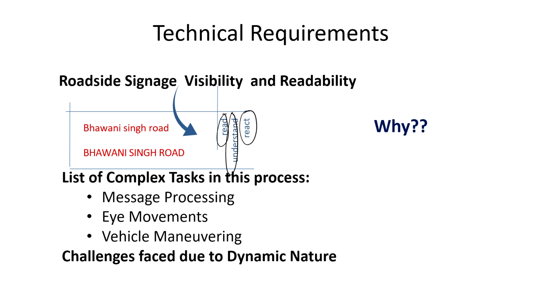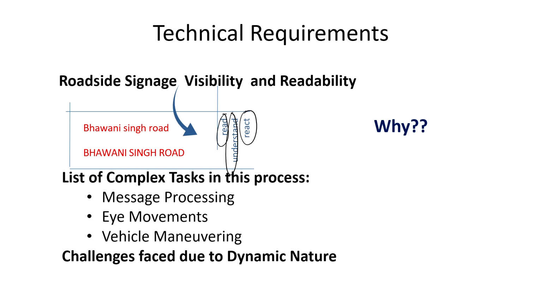The eye movement: he needs to move his eyes smoothly across the sign to read it, which requires coordination. Vehicle maneuvering: sometimes the driver may need to change lane or adjust their speed while reading the signage, adding another layer of complexity.